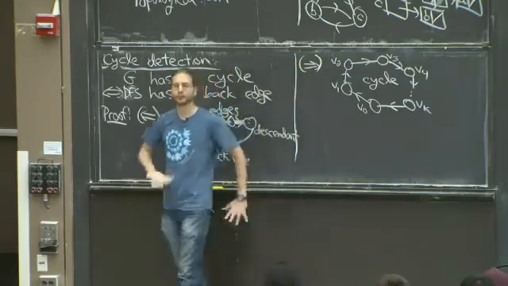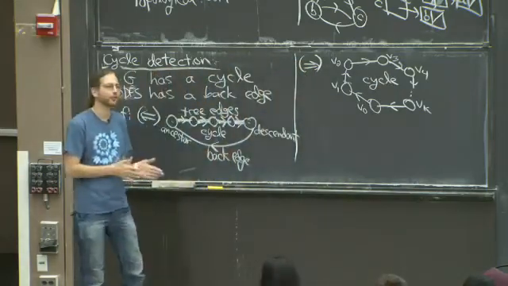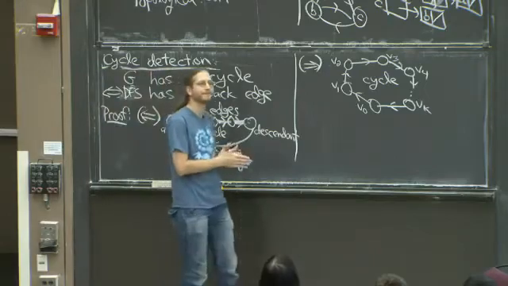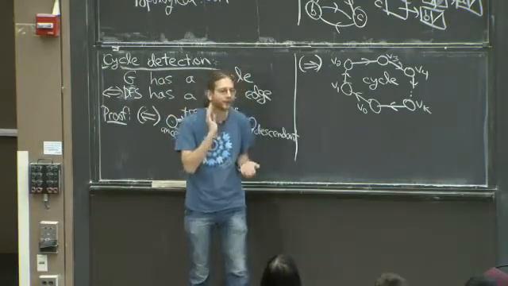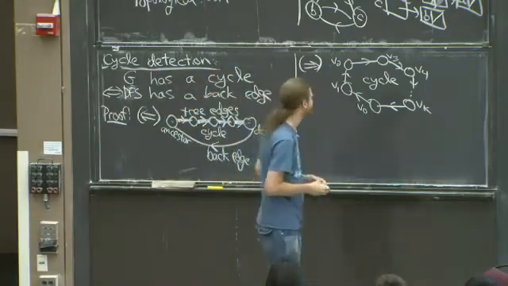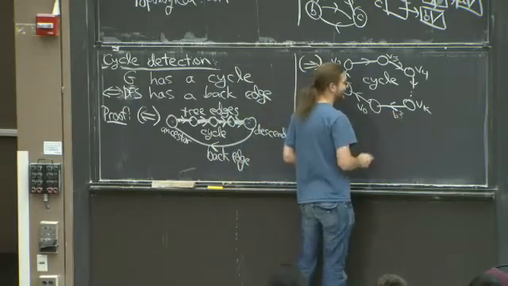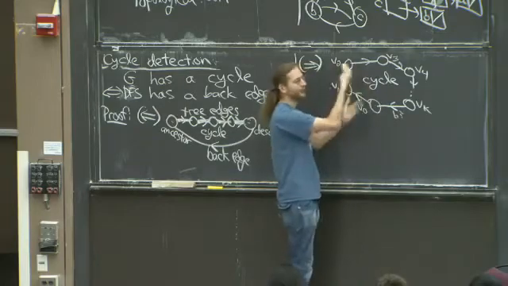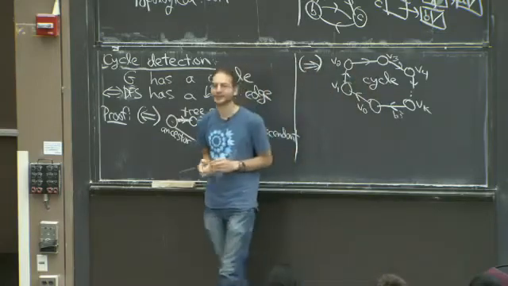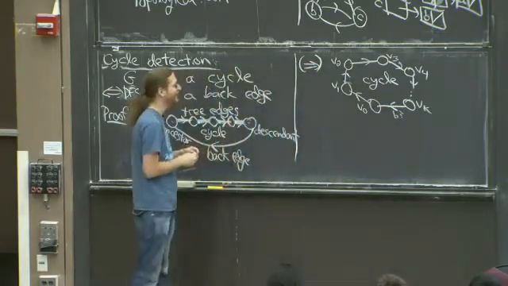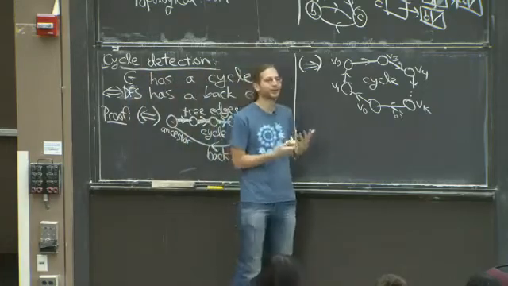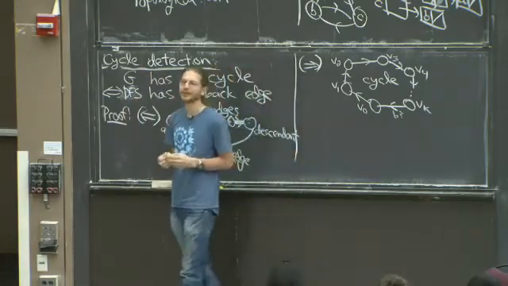Which of these edges do you think is going to be a back edge? Let's hope it's one of these edges. Sorry? Vk to v0. That's a good idea. Maybe this is a back edge. Of course, this is symmetric. Why that edge? I labeled it in a suggestive way. But I need to say something before I know actually which edge is going to be the back edge.